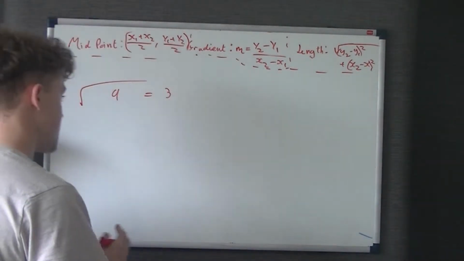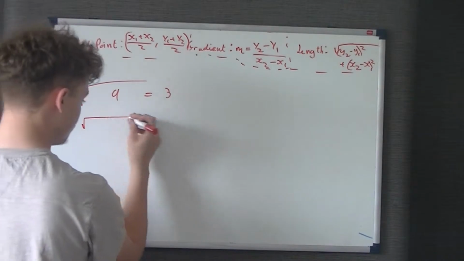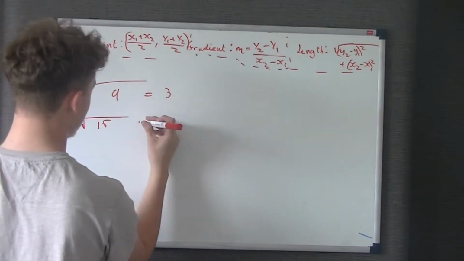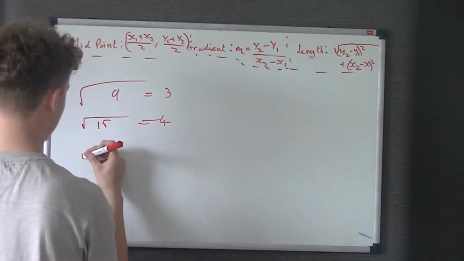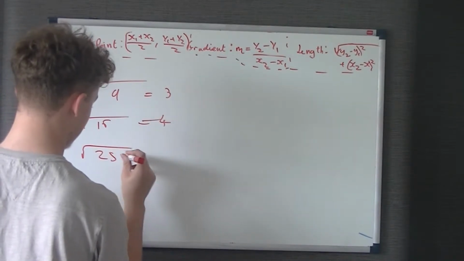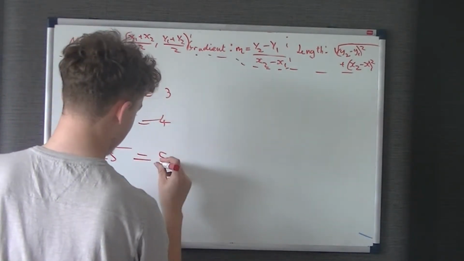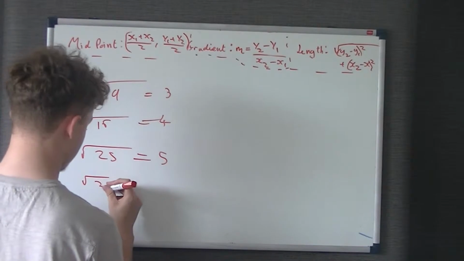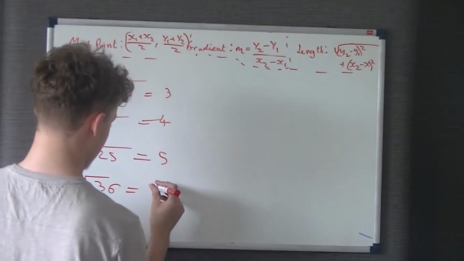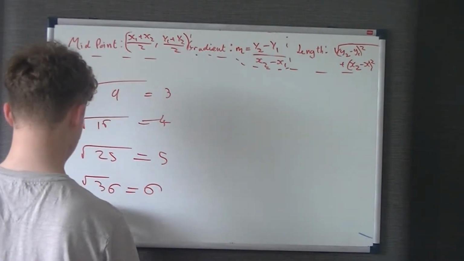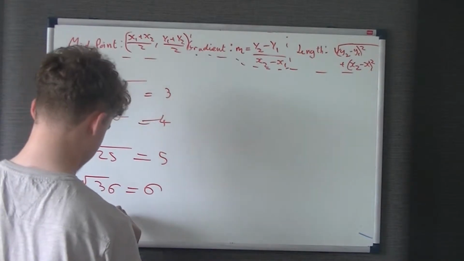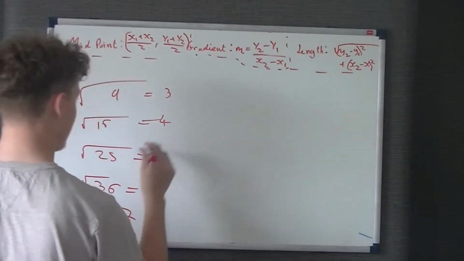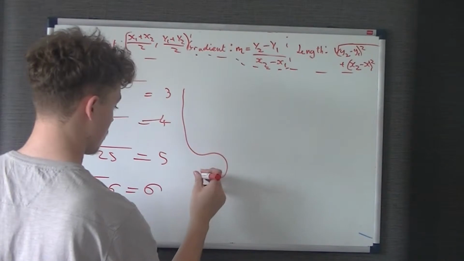The square root of 16 is 4. The square root of 25 is 5. The square root of 36 is 6. And the square root of 49 is 7. So they're just a few square numbers there.